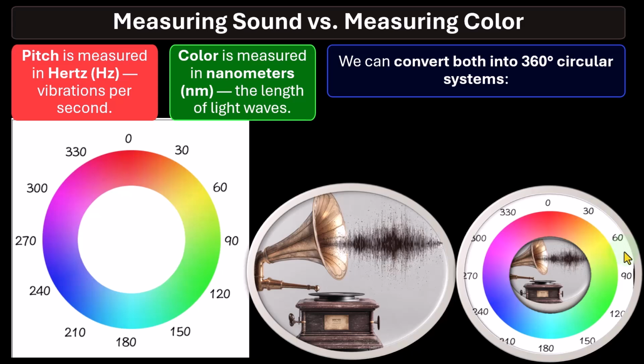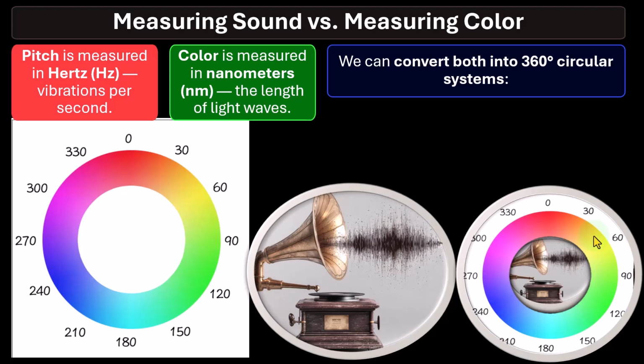So these numbers over here do not represent hertz. They do not represent nanometers. They represent the relative position if I convert these two distances to an evenly spaced 360 degree distance, right? And then I can map it onto the circle.